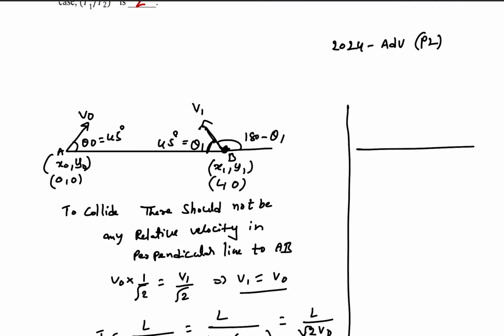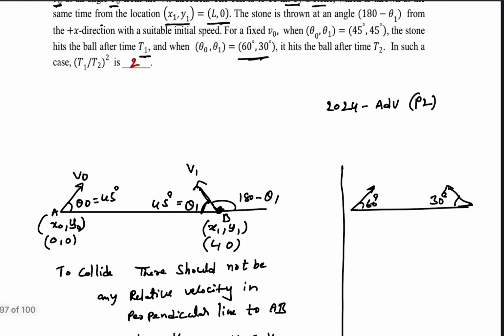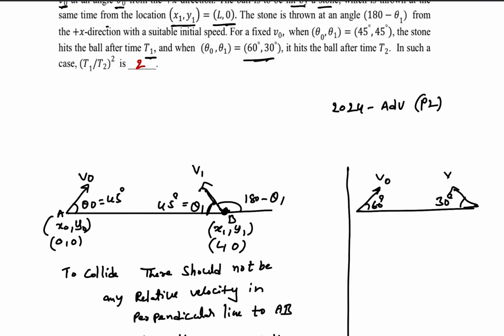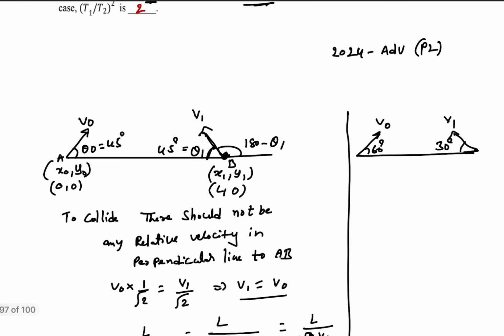Similarly, in the next case, the same question they have asked with 60 degrees and the other one 30 degrees, v0 and v1. Now, along the y-axis, there should not be any relative velocity. v0 into sine 60 degrees is equal to, this is v1y and this is v2y, v1 into sine 30 degrees.